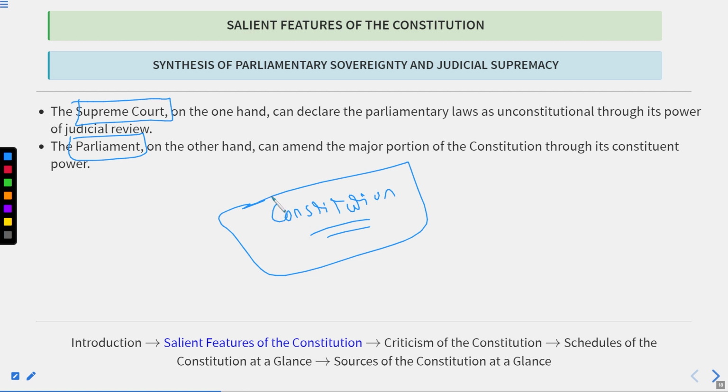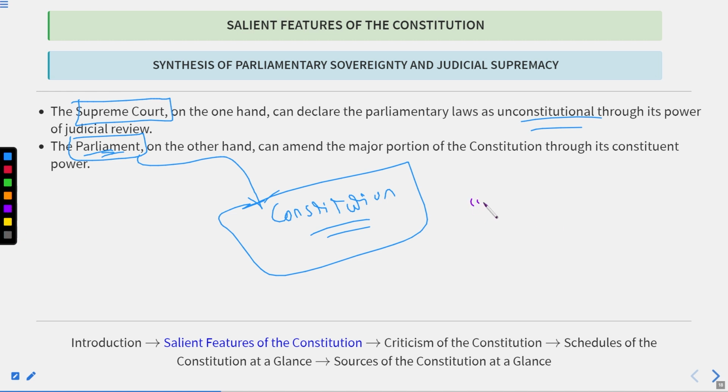Whether it's the Supreme Court or the Parliament, they both take their powers from the Constitution. The Supreme Court has the power to declare any law and any regulations made by the Parliament unconstitutional by virtue of judicial review. A similar thing happens with the Parliament: it can amend the major portion of the Constitution so that it can enjoy some liberty.